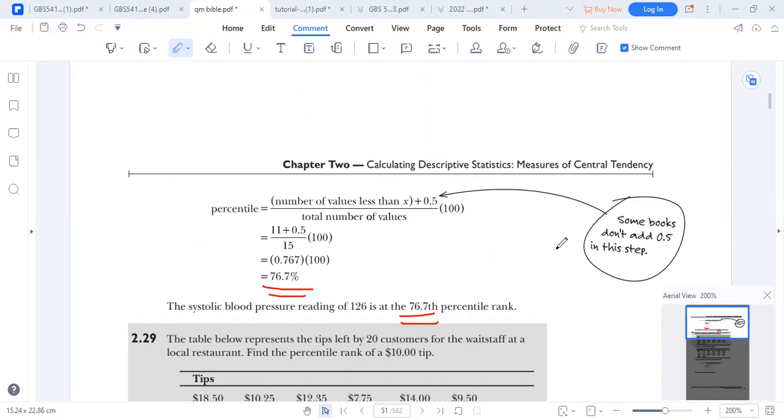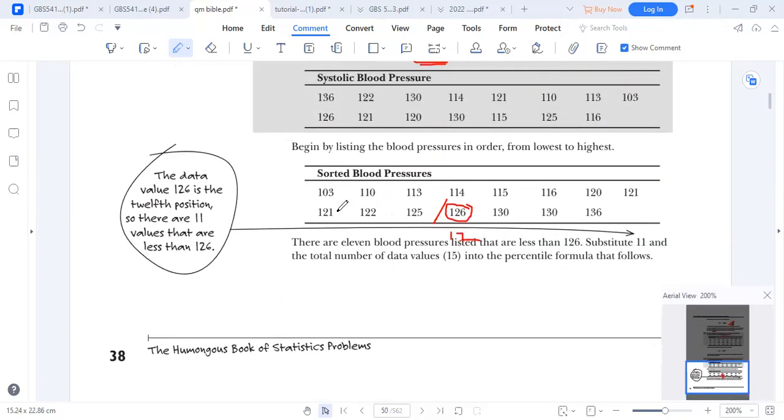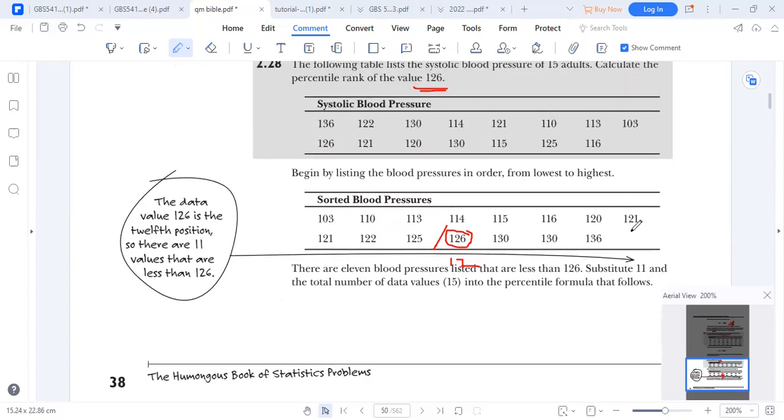So this is 76.7. I repeat, these figures here are 15. When you count 126, it is on position number 12. So you calculate the number of values before 126, they're 11. So you calculate 11 over the total number of values that we have here, which is 15, times 100. We get the percentage.